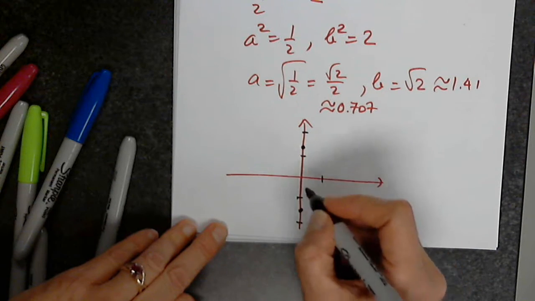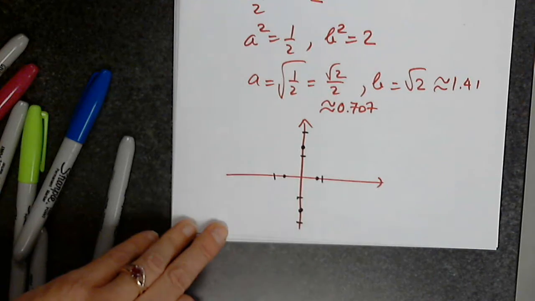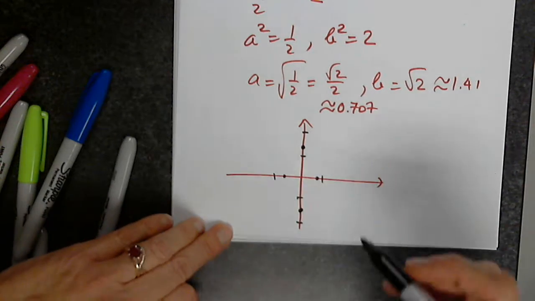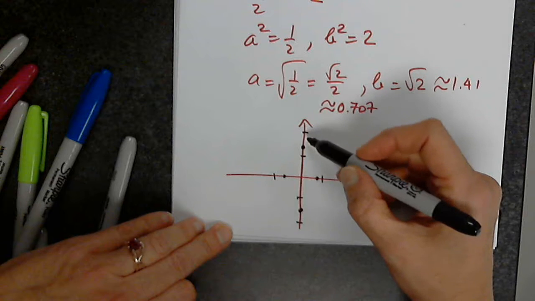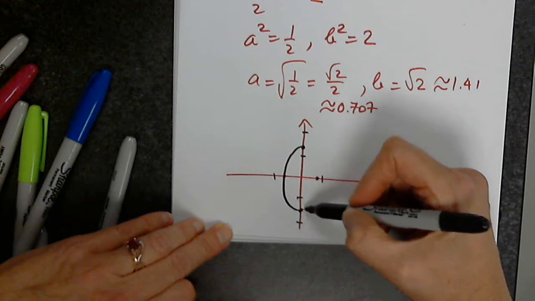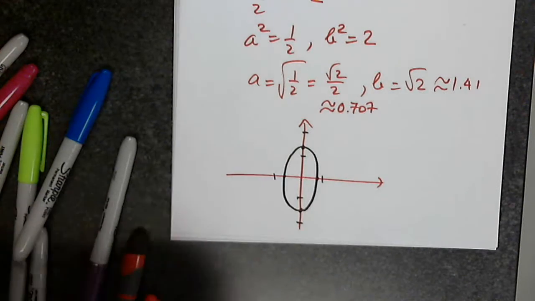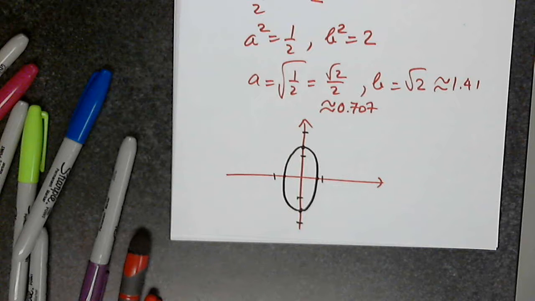And then if this is 1 and this is 1, then I'm going to say this is 0.7 and this is 0.7, negative 0.7. So here's the ellipse. Can you determine the rest? Or you need me?